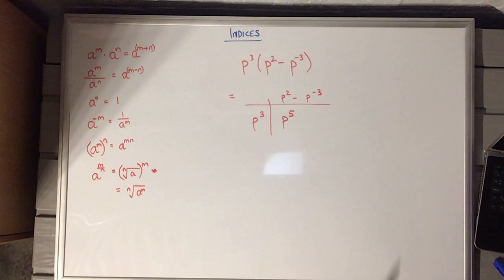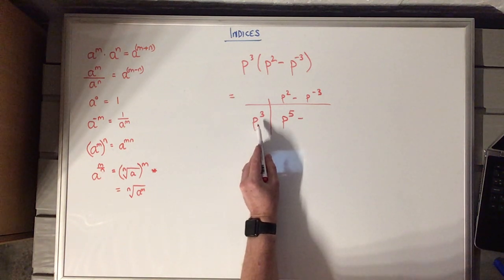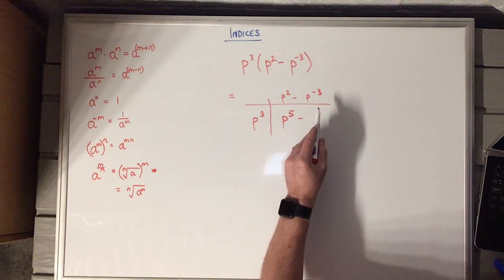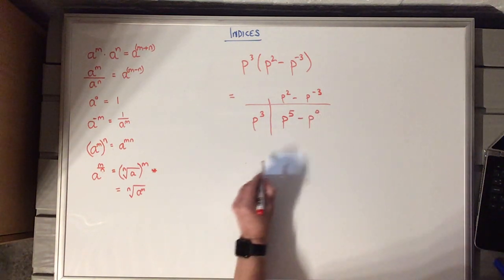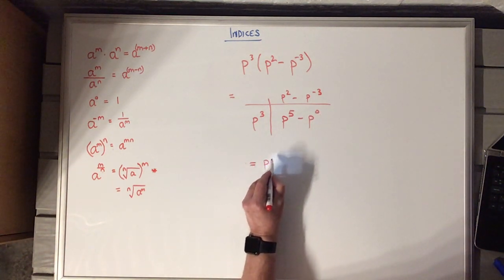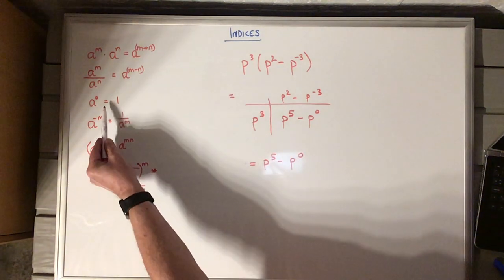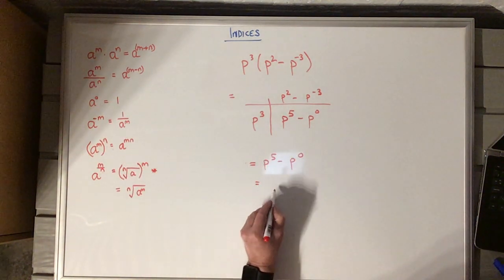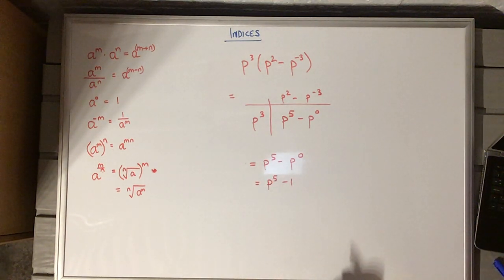Don't be tempted to write 6 because that'd be wrong. Minus p to the power 3 times p to the power minus 3, you add the powers, that's p to the 0 again. So that's p to the 5 minus p to the 0. And again, this rule here equals p to the 5 minus 1.